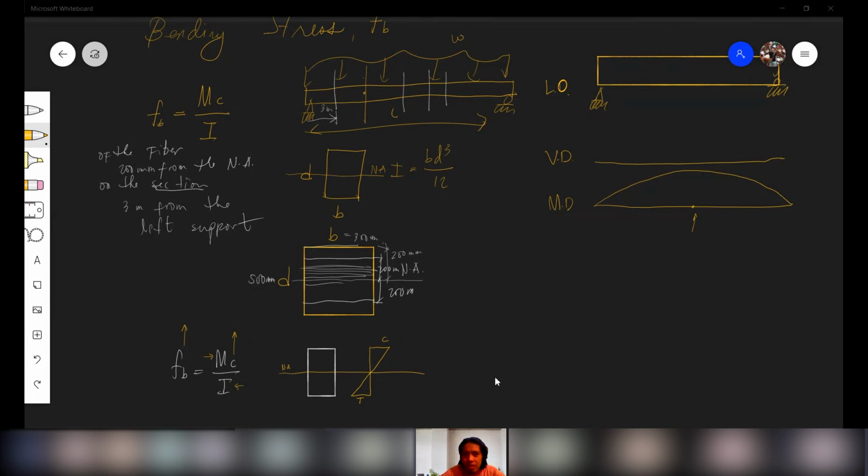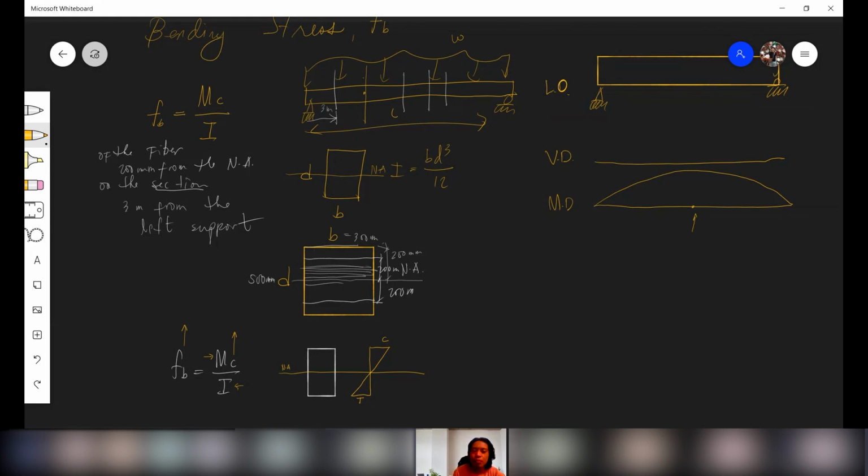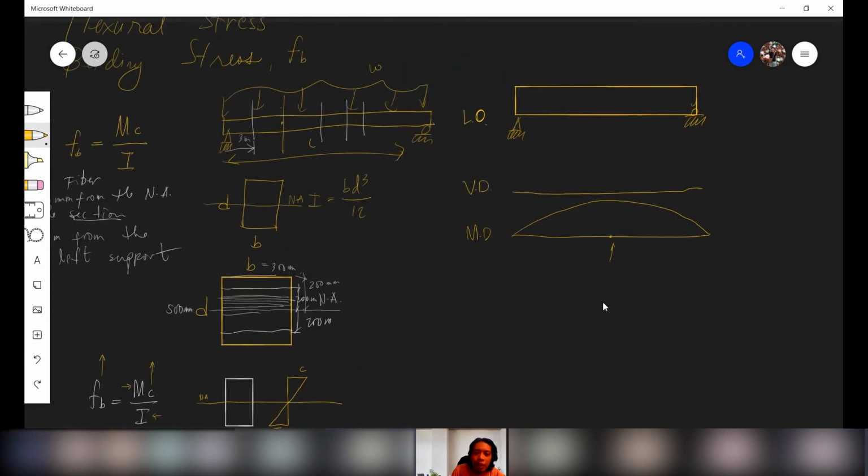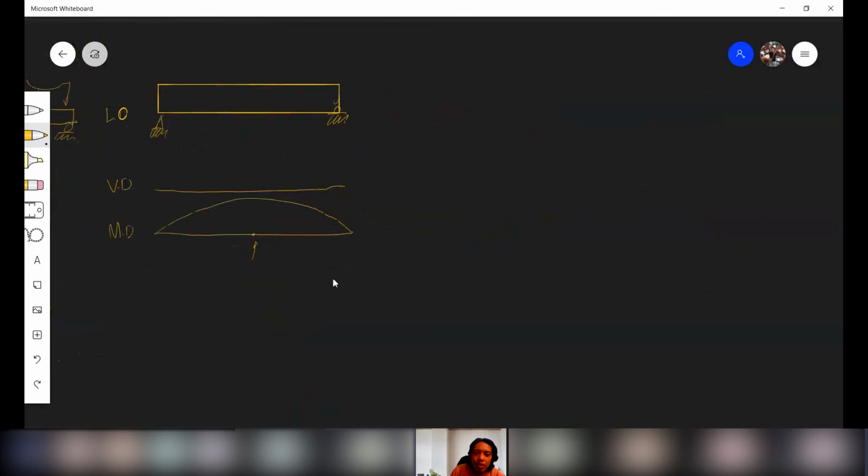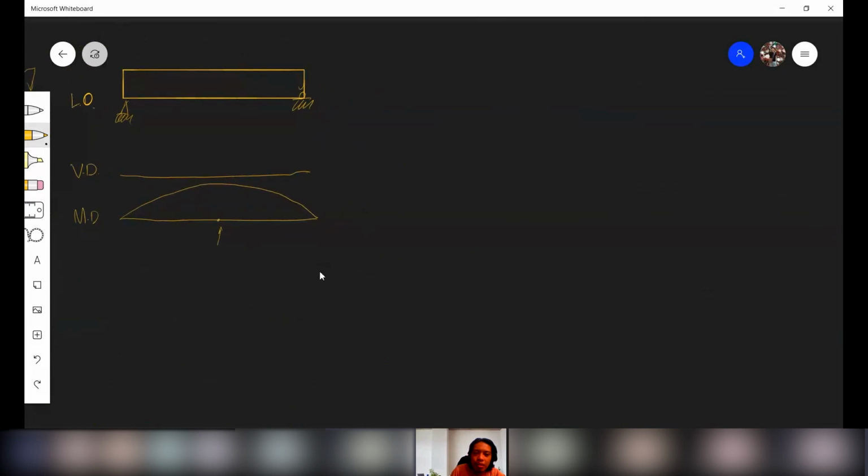And then for each section, find the equations for shear and moment. And then from there, you just substitute values. Once you get the equations for shear and moment, substitute values like x, or whatever variable you use. Then from the diagram you can see where the maximum is.